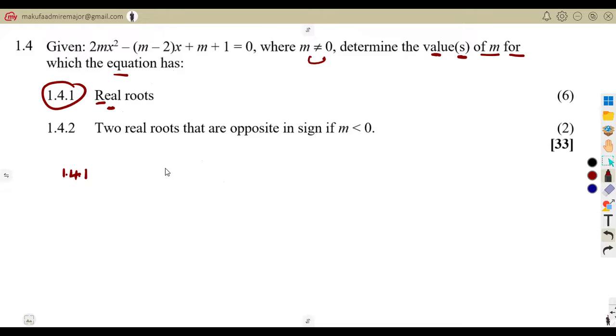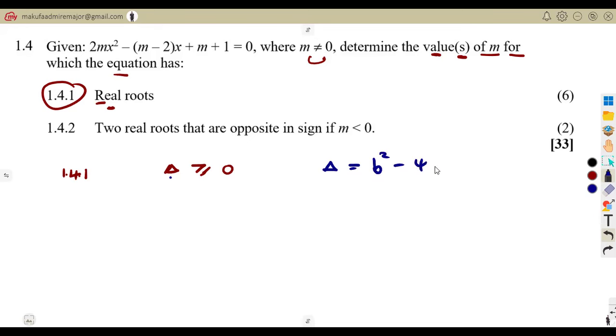The discriminant, our delta, must be greater than or equal to 0 for any real root. It can be real and equal. It can be real and rational. As long as it's a real root, delta has to be greater than or equal to 0, from a quadratic where this discriminant, our delta, is representing what?